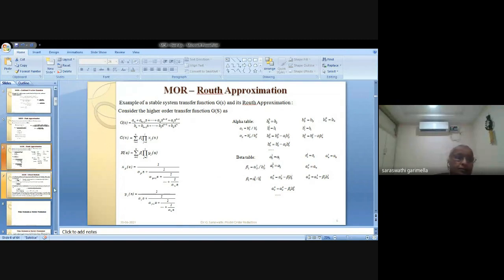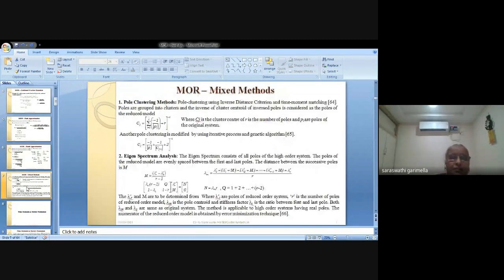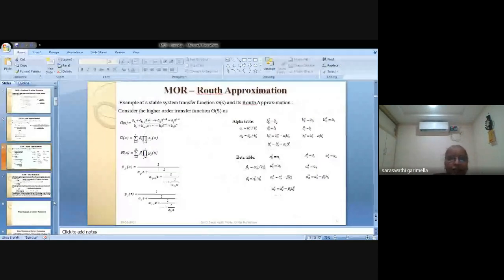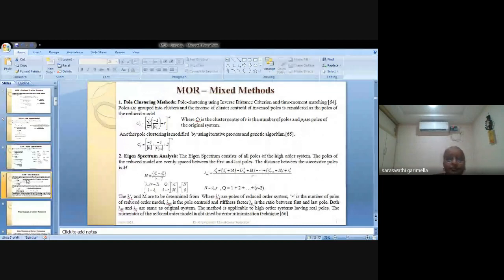So there are mixed methods. These people thought, let us not take the quotients of the polynomials, we will concentrate on eigenvalues. So there were mixed methods, considering the eigenvalues of the system, with the numerator polynomial by any method.